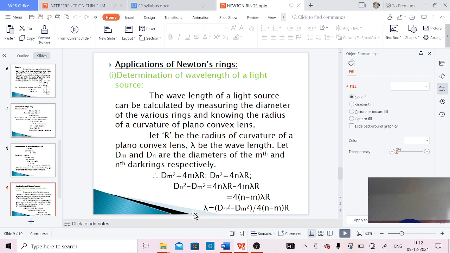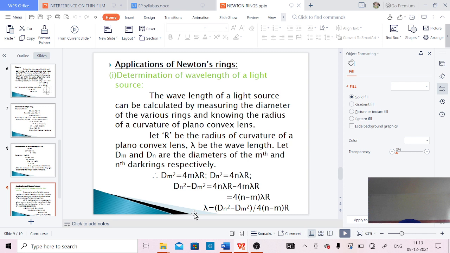So first of all, using Newton rings we can find the condition for the nth dark ring and nth bright ring. Among the applications of Newton rings, one is the wavelength. How do we find the wavelength of the source? We consider the radius of curvature r and the wavelength lambda, which we have to find. For that we take two dark rings, the mth ring and the nth ring.